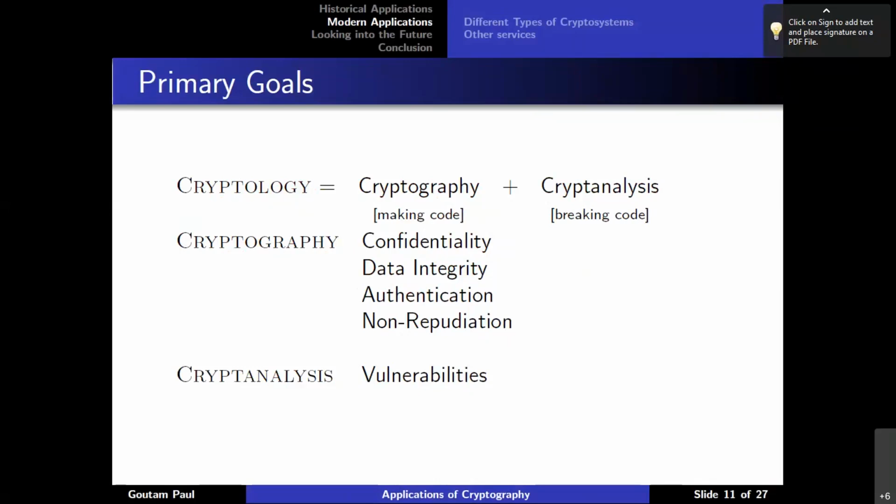To repudiate means to deny, repudiation means denial, and non-repudiation means non-denial. That means inability to deny prior commitments. If anyone has committed to something, that person cannot deny later and say that I have not committed. So that is meant by non-repudiation, and in the digital domain, non-repudiation is achieved by cryptographic protocols.